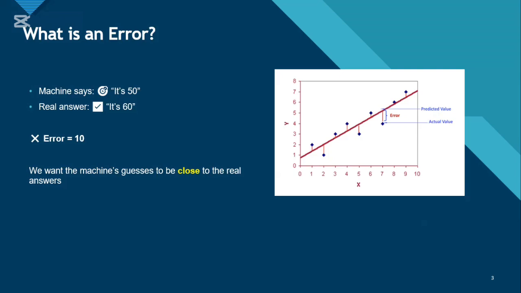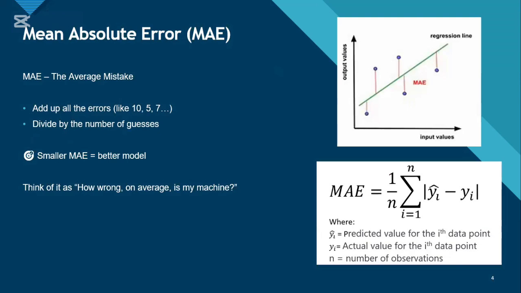In this case, the difference between the real answer and the machine answer is 10. Now we want the machine's guesses to be very close to the real value. So every time we run a regression model, we calculate various types of accuracy tests and error checks. The first test that we do is the mean absolute error.